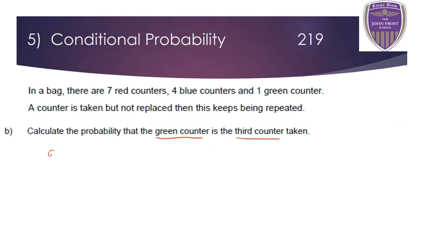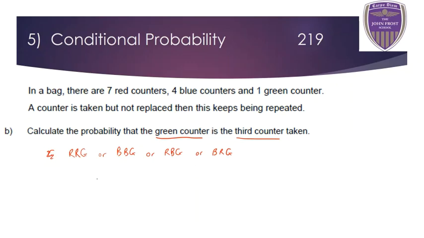You can either pick a red and then a green, that's your third counter, or you could pick a blue and then a green, or you could pick a red, a blue and a green, or you could pick a blue, red and green. They are the 4 ways in which a green could occur on the third counter.